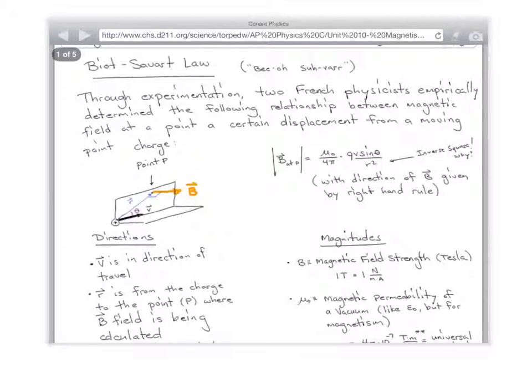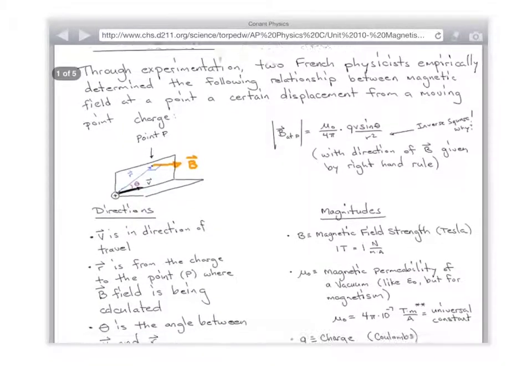And so the equation for Biot-Savart, instead of being 1 over 4 pi epsilon naught, is mu naught over 4 pi. Mu naught is the magnetic permeability of a vacuum. It's like epsilon naught, just for magnetism, not electricity. And here's a weird thing.